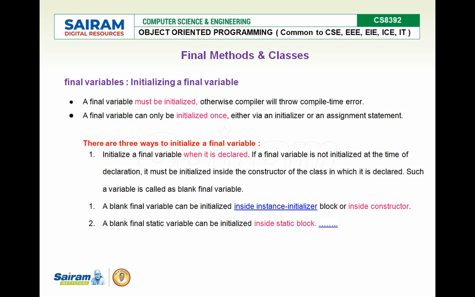In some cases, if the variable is not initialized at the time of declaration, it must be initialized inside the constructor. We know the constructor is a special function with the same name as the class name. Inside that constructor, you can initialize that final variable. Such a variable is called a blank final variable.